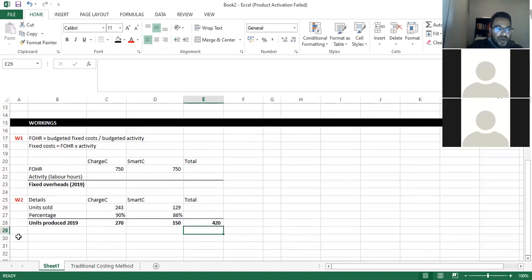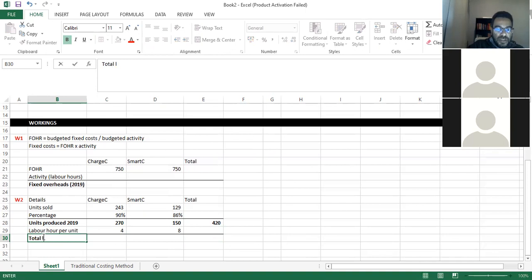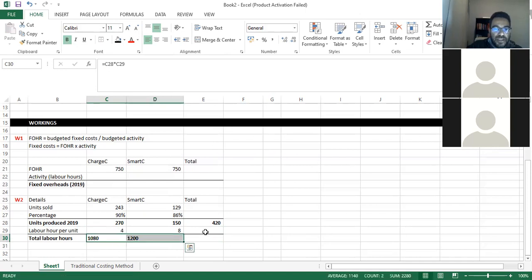Now we know labor hours per unit, 4 and 8. Someone can just check for me if I got it the right way around. So this will give us total labor hours: 270 times 4 and 150 times 8.